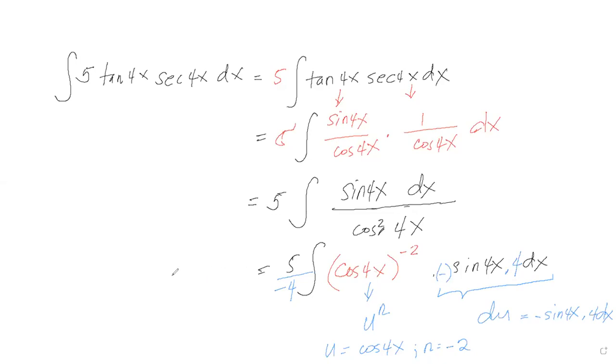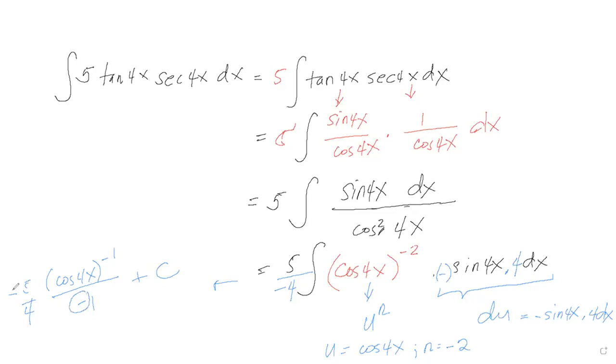I'm going to write the answer here. So if you're going to process this now in terms of power rule, you copy the negative 5 over 4. If you use power rule, that would be cosine of 4x raised to negative 1 all over negative 1 plus c. Cosine of 4x raised to negative 1 is written actually in the denominator.